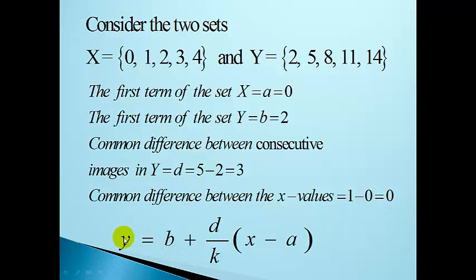Now the rule for linear mapping, y equals b plus d over k into bracket x minus a. Now b is equal to 2, a is equal to 0, d is equal to 3, and k is equal to 1. That is, 1 minus 0 is giving us 1. That means k is equal to 1.